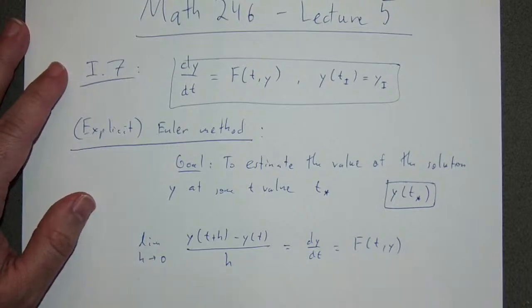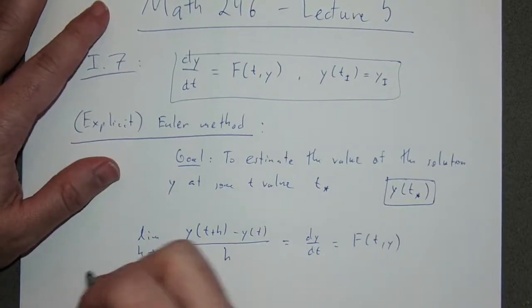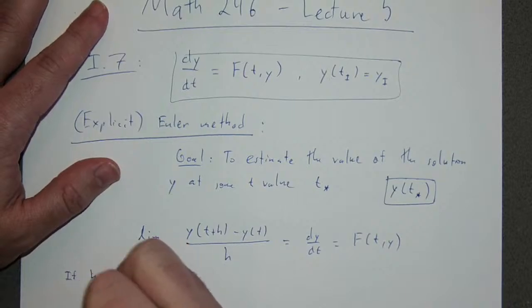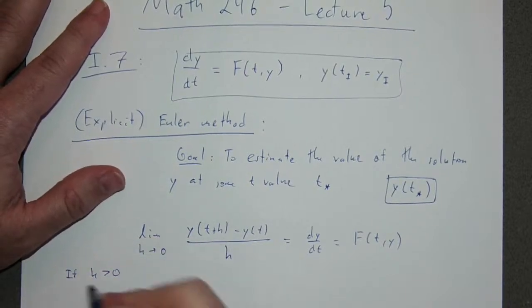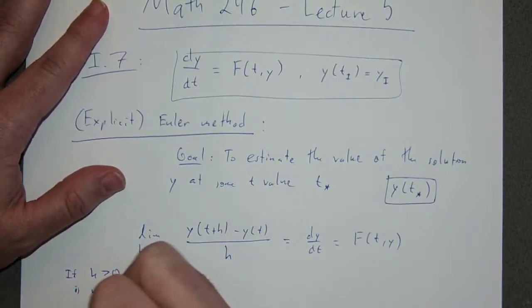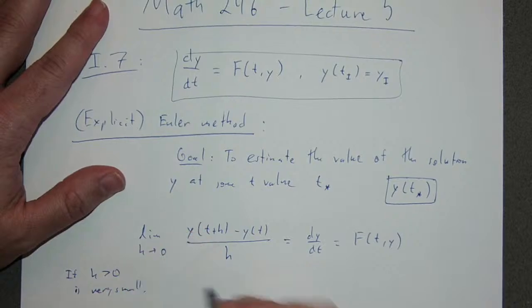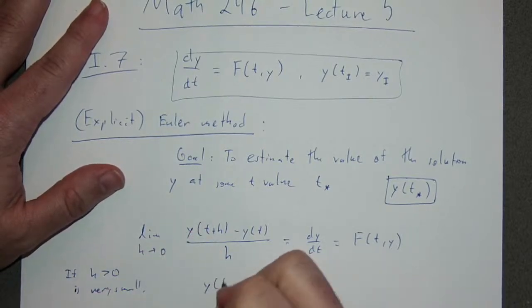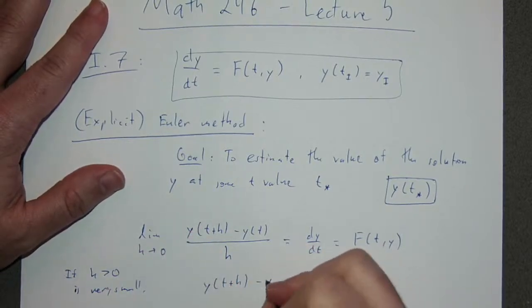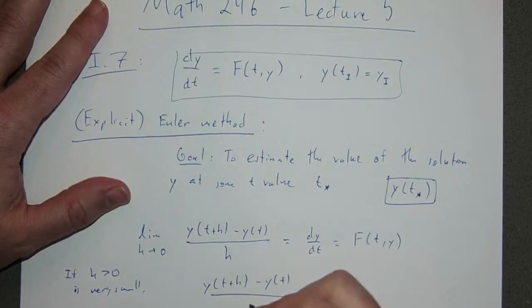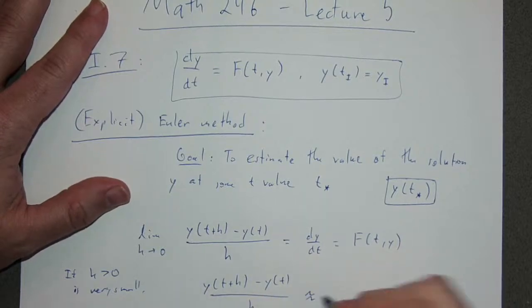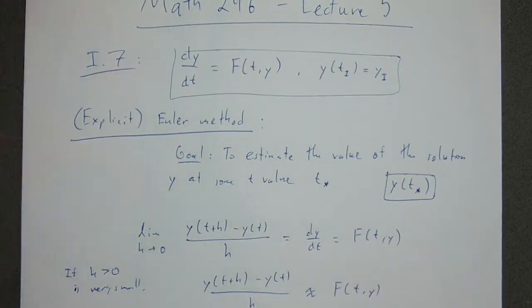So another way of saying what this is: if h, which is positive, is very small, very close to 0, what this is saying is that (y(t+h) - y(t))/h is approximately equal to big F(t, y).